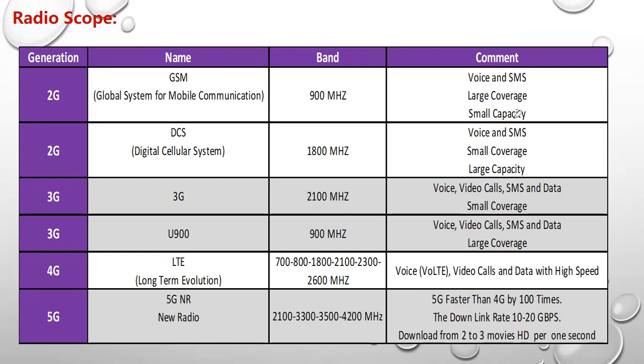And what does this mean? So 900 megahertz is very small. So it's a small frequency. And there was an equation we all passed by in our studies, which states that the length of the wave is inversely proportional to the frequency.